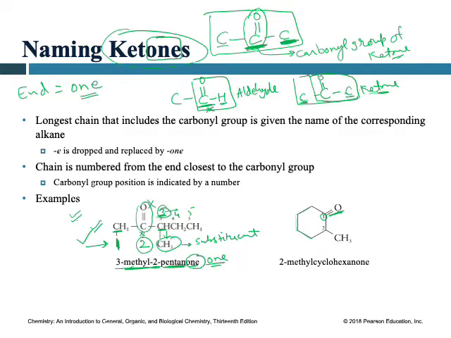So this is 1, this is second, you have to give the second priority to the substituent, then 3, 4, 5 and 6. So what should be the name? On the second carbon you have a methyl group as a substituent, so 2-methyl, and because this is a cyclic compound, that's why we have to write cyclo.